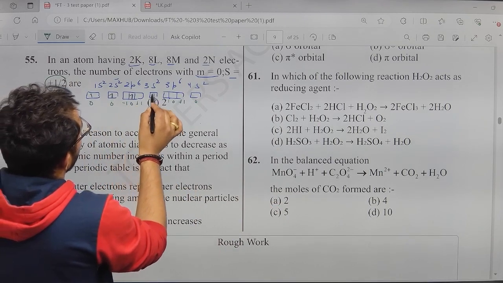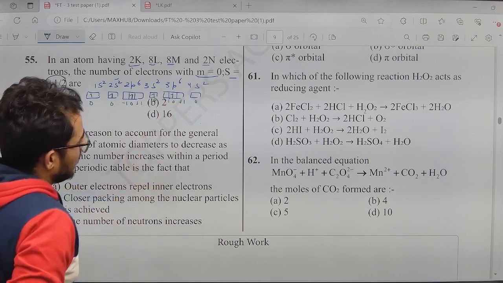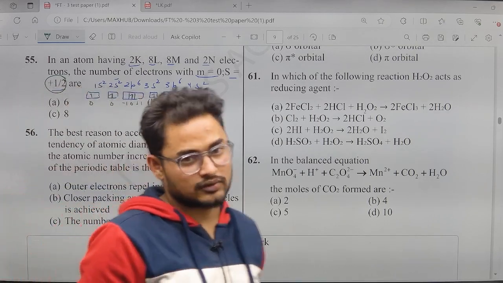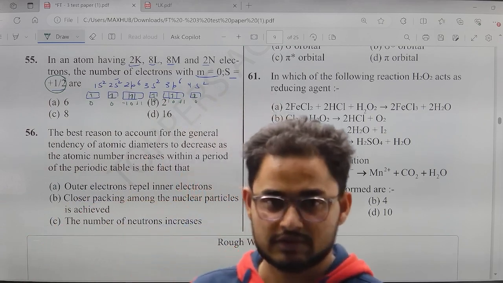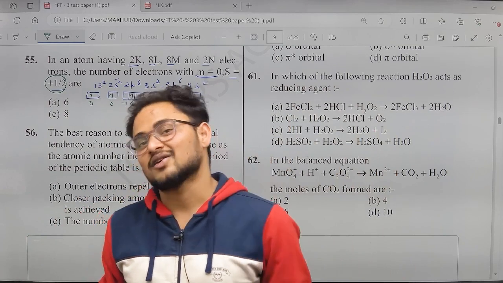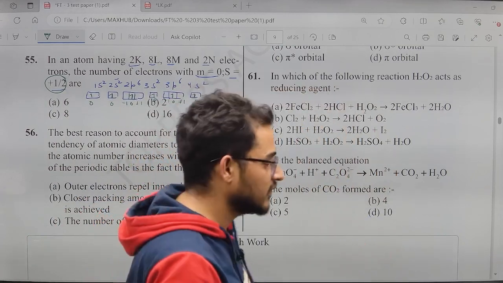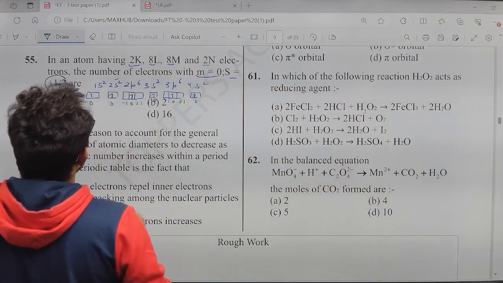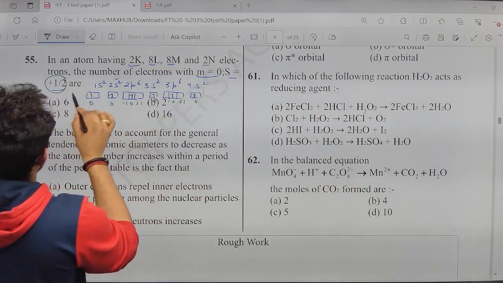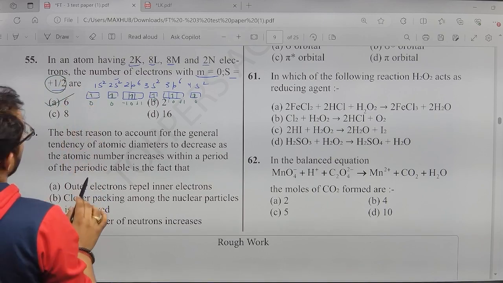Yes, we know that an orbital can have 2 electrons, but the second electron will have the spin quantum number equal to minus half, not plus half. So that's why it will not be counted. So here 1, 2, 3, 4, 5, 6. The answer will be 6. Good question.